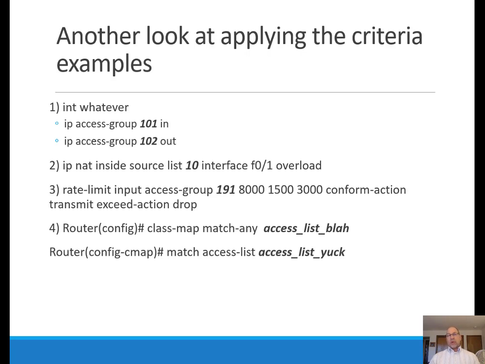Here we're deciding, well, do we translate it or do we route it? If we're using them in quality of service commands like rate limiting or policies, well, then we're applying a particular treatment. We're rate limiting it. We're saying we're going to provide priority or precedence handling for a particular kind of traffic. So it's not about stopping it or allowing it through.